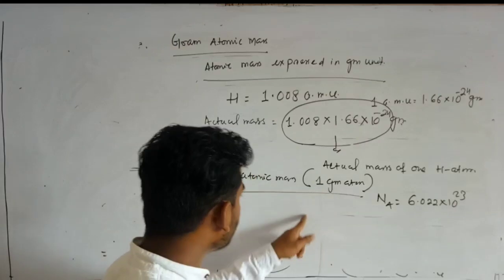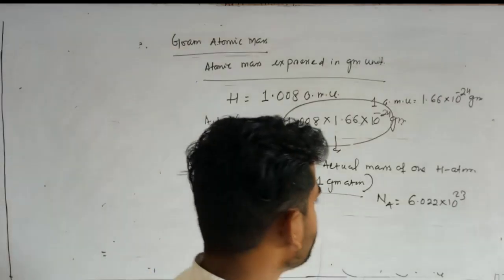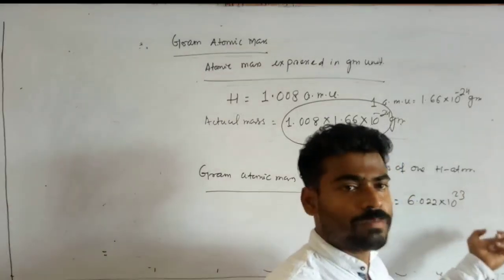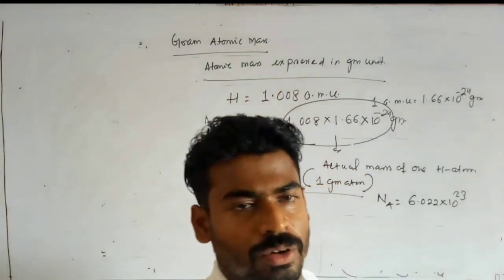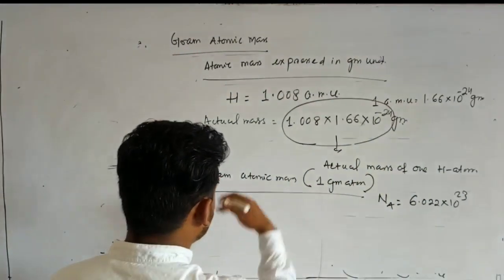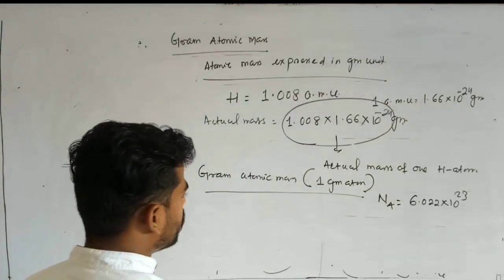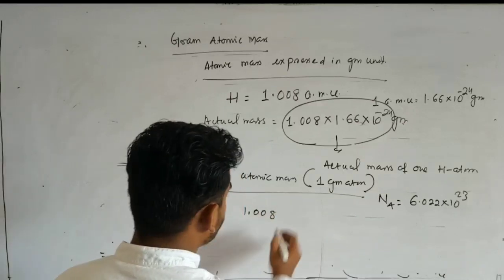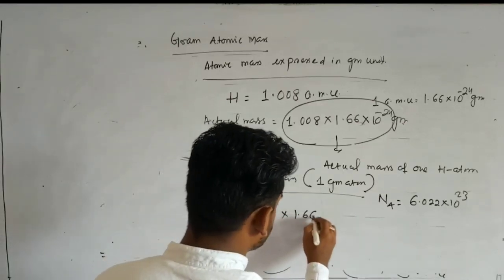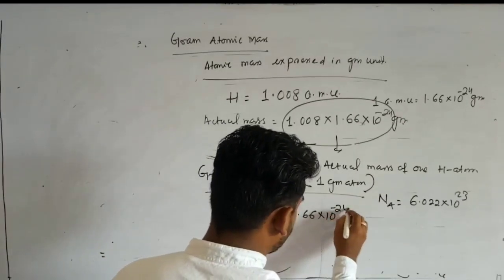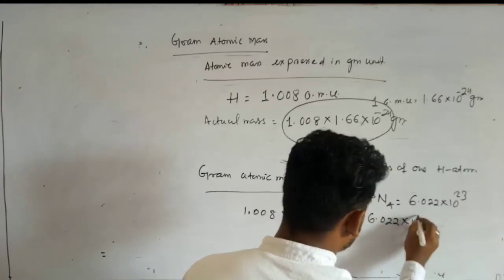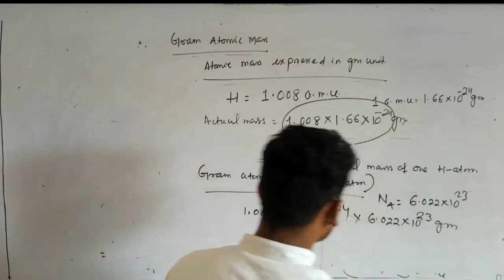Okay, so 1 gram atom or gram atomic mass means it is the mass of Avogadro number of atoms of a particular element. Okay, so if I calculate the gram atomic mass of hydrogen, that will be equal to 1.008 into 1.66 into 10 to the power minus 24 into 6.022 into 10 to the power 23 gram.